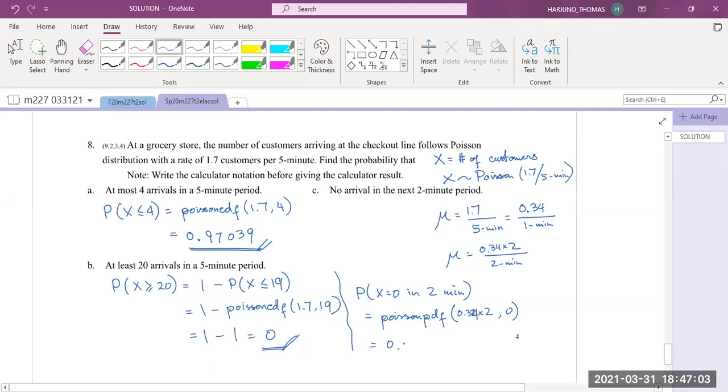The probability is 0.50662. Okay, now that's the probability for not having anybody come to the checkout in the next 2 minutes.